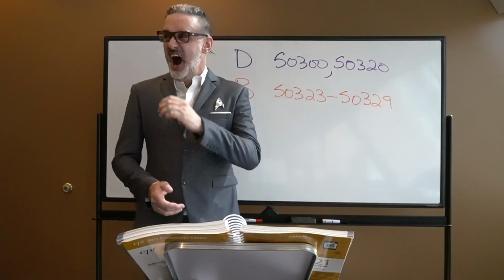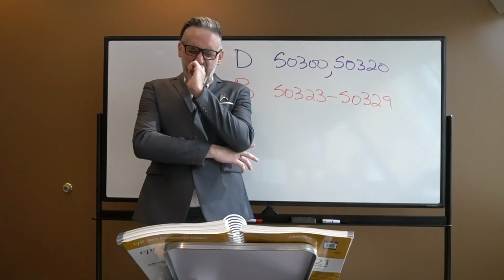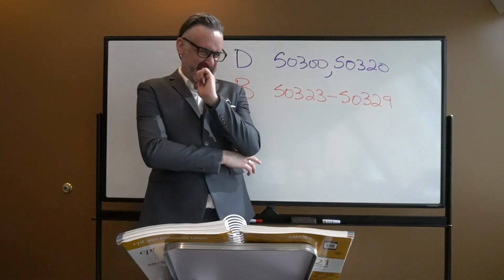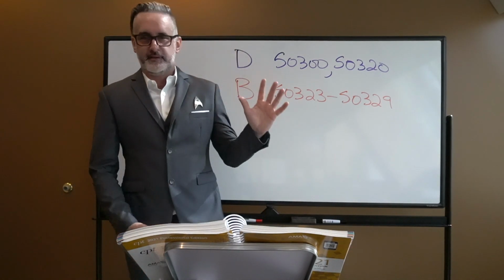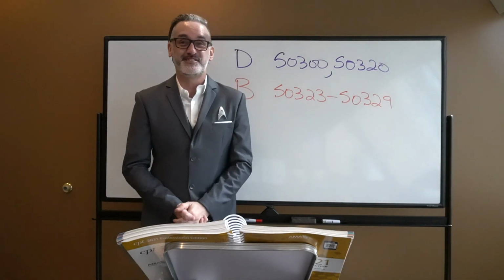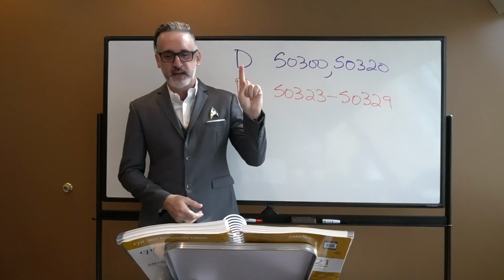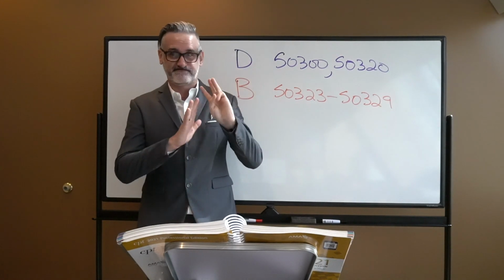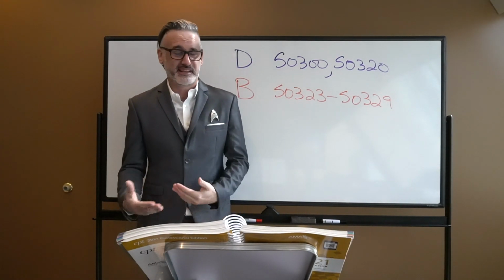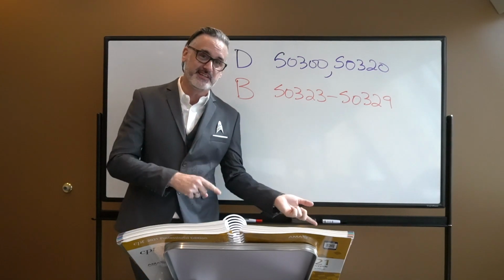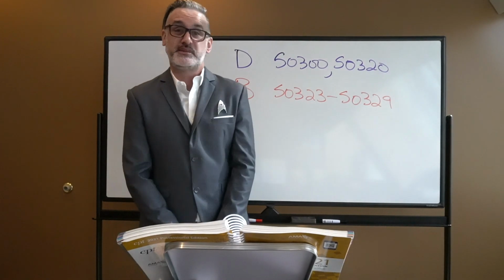50325, man, it's a very long, boring code description. Blah, blah, blah. All I care about in 50325 are, again, 3 magical keywords: backbench, standard, and living. That's all I care about. Because again, just like 50323, same thing in 50325.